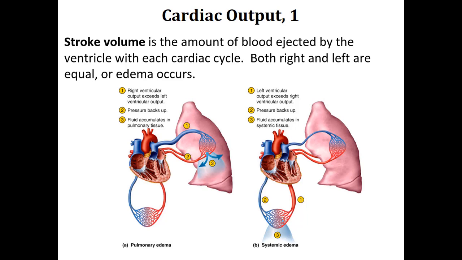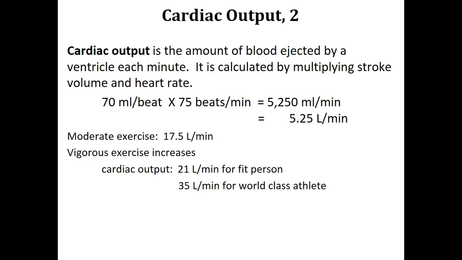If you have swelling and you can't explain it, there may be something wrong with one of your heart muscles, the left or right. Maybe it's not getting enough oxygen, or there could be other issues. In congestive heart failure, a lot of times you have a lot of swelling, due to one side of the heart working harder than the other.